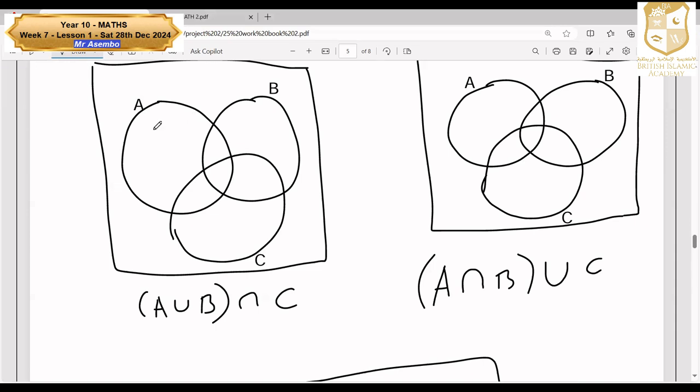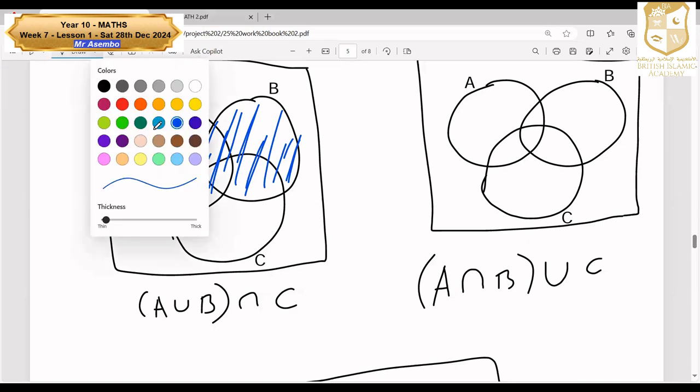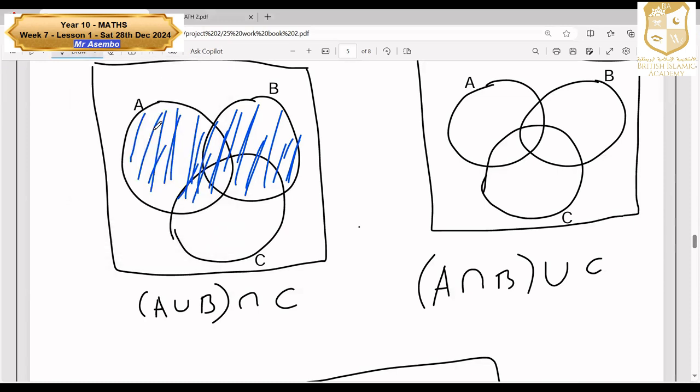Let me draw it, then I'll wrap to take the required parts because I don't have enough space there. A union B is this part. That's A union B. And then which part is C? You can do our practice like the other one in two sets: draw them separately, then check which one is appearing on both sides.